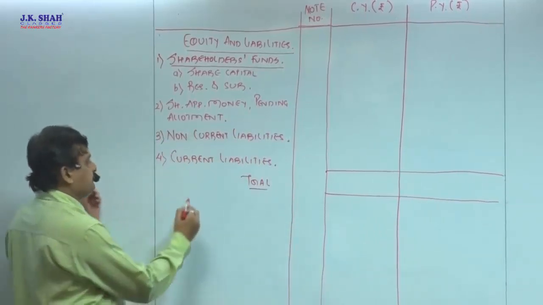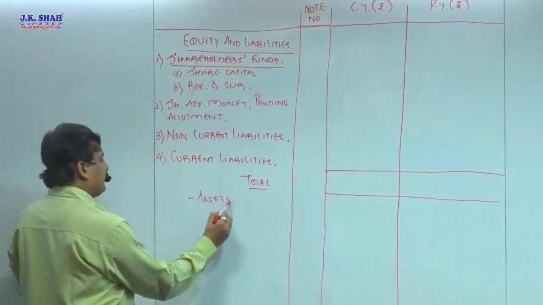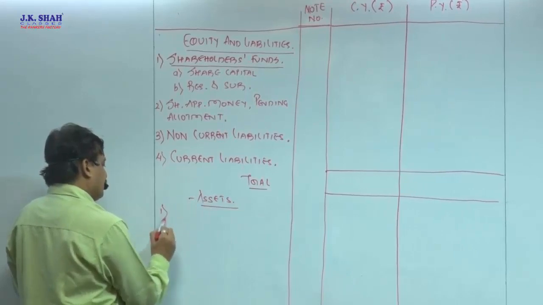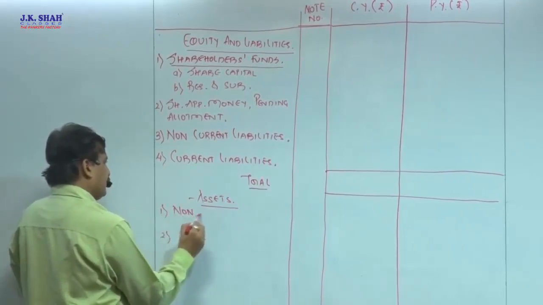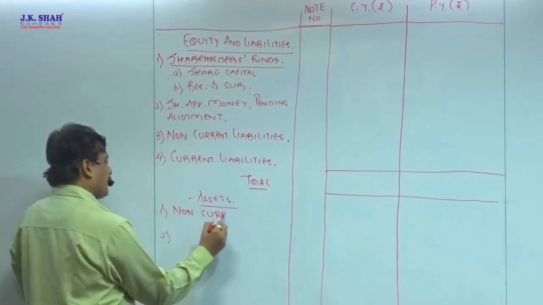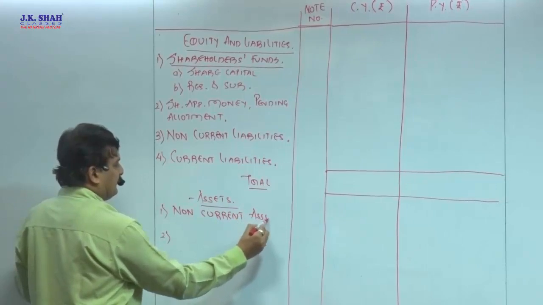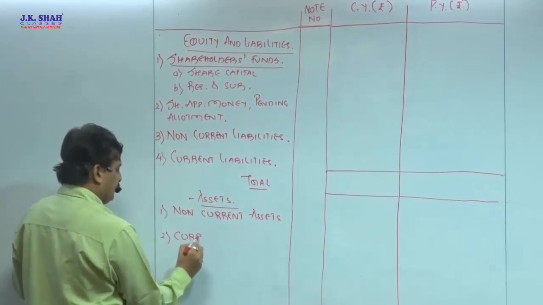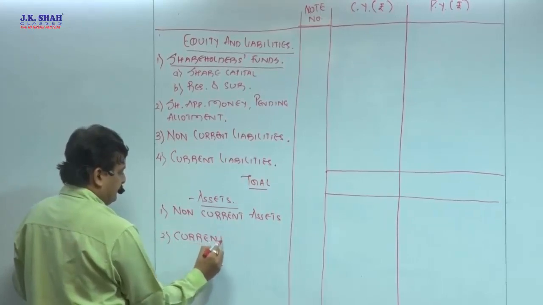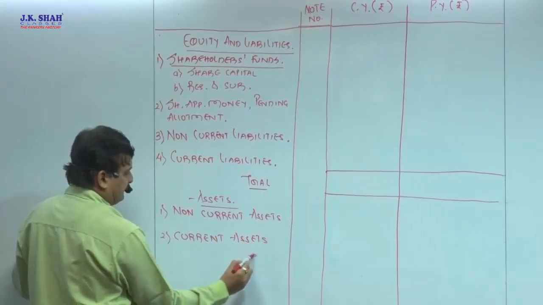Then the assets. Assets are broadly classified in two categories. One, non-current assets, and second, current assets.